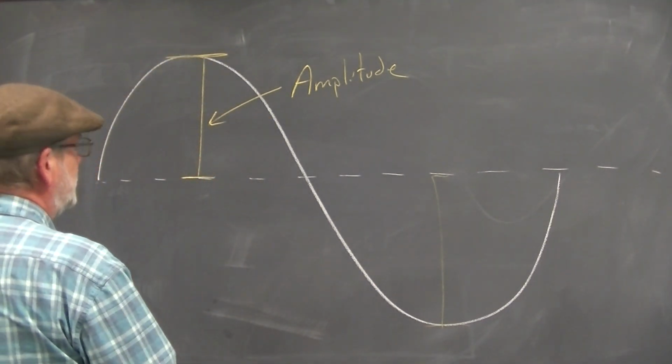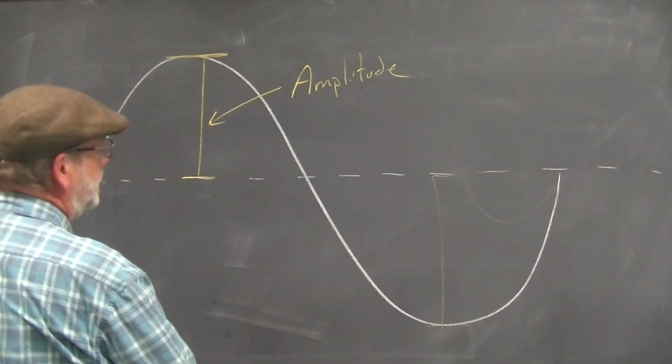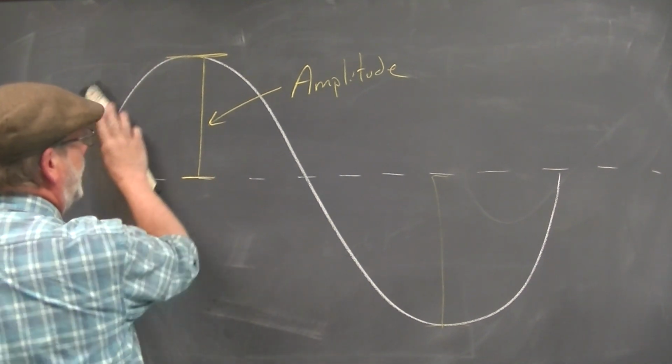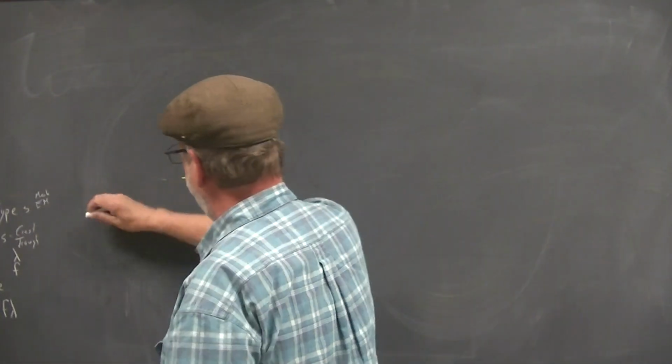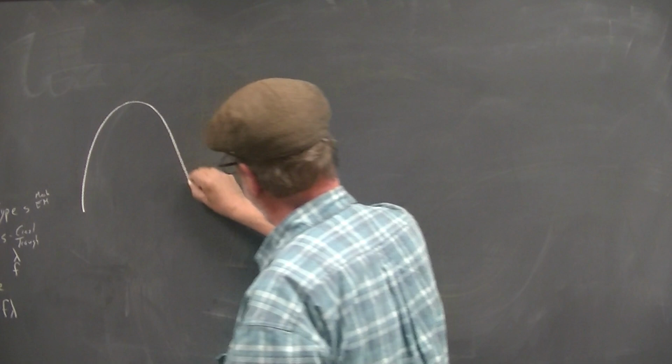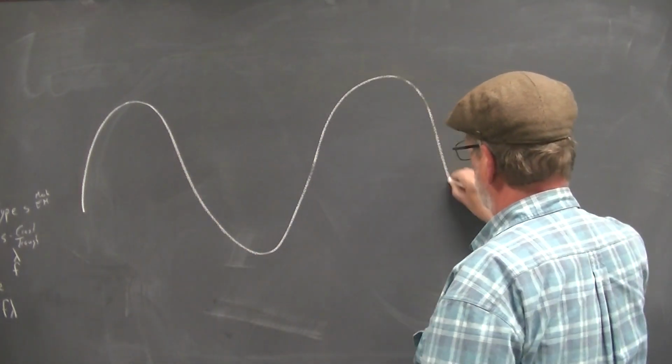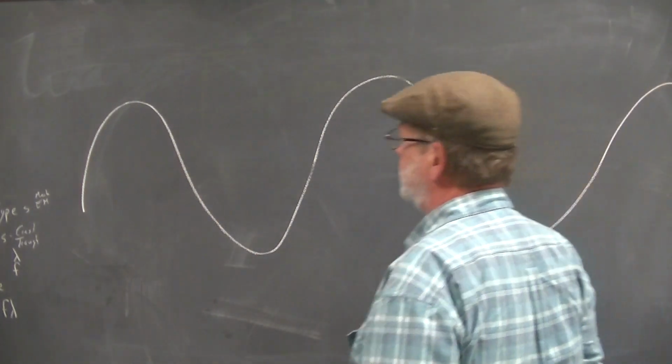This distance, well, I think I ought to draw another wave here because that'll make it a little bit clearer. So I need to draw a series of waves here.